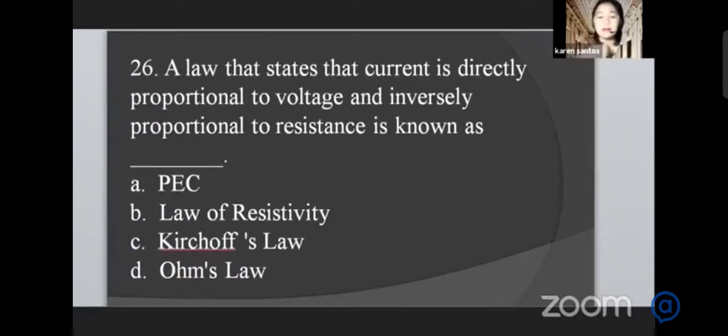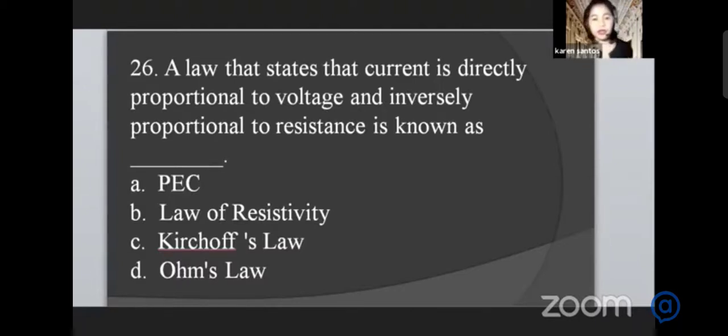Okay, so I would like to remind everyone to apply what we learned last time, the elimination of choices, to find the best choice we can pick.